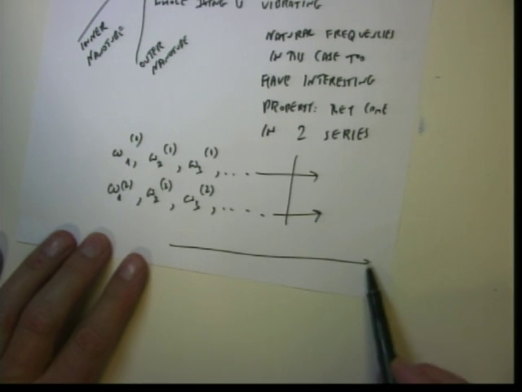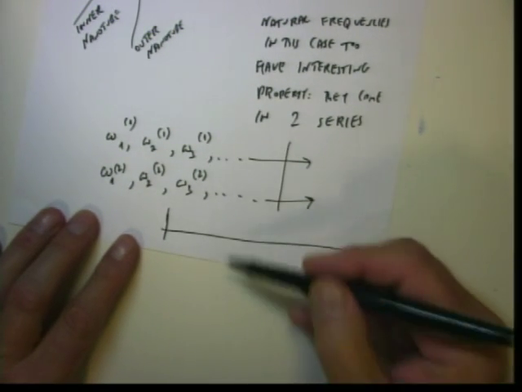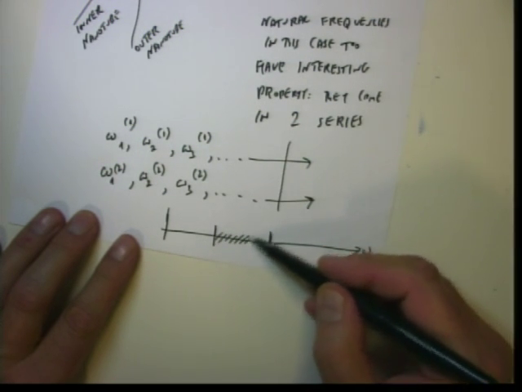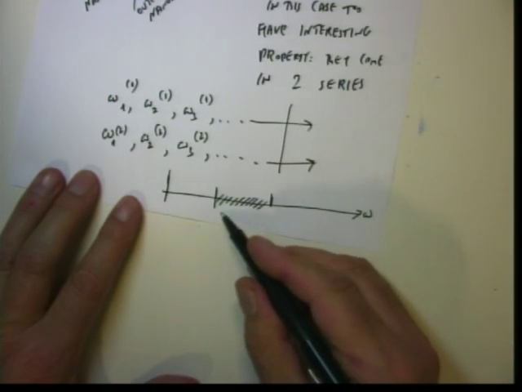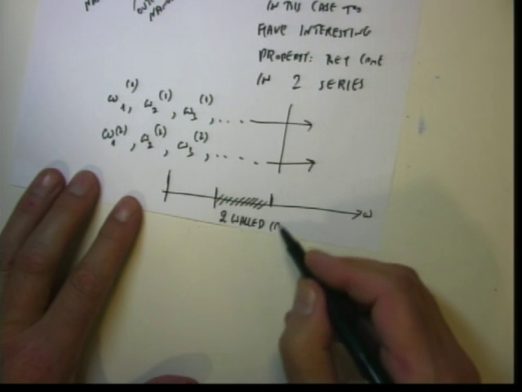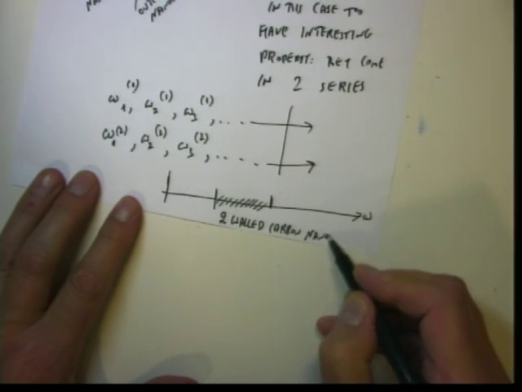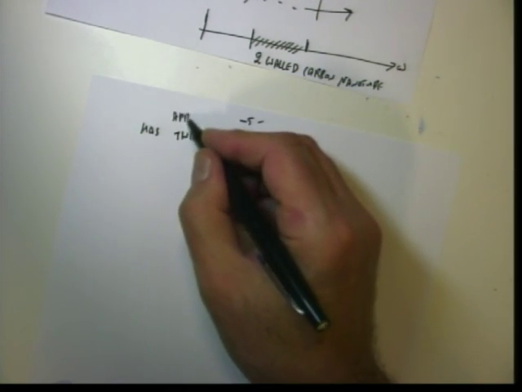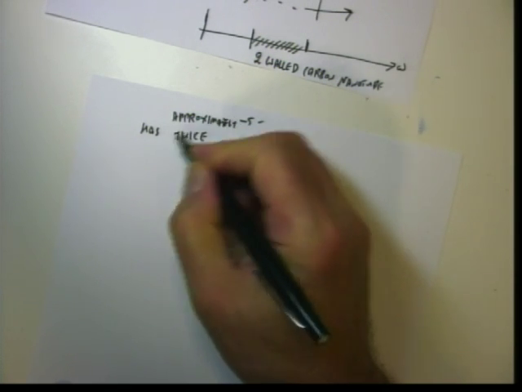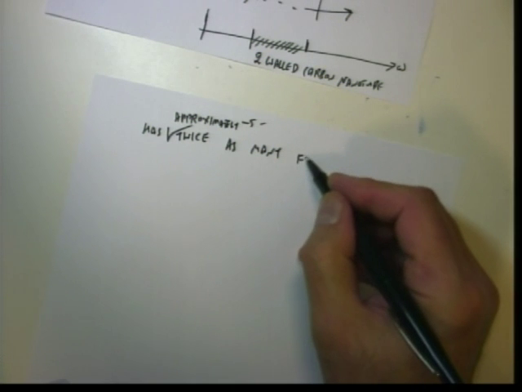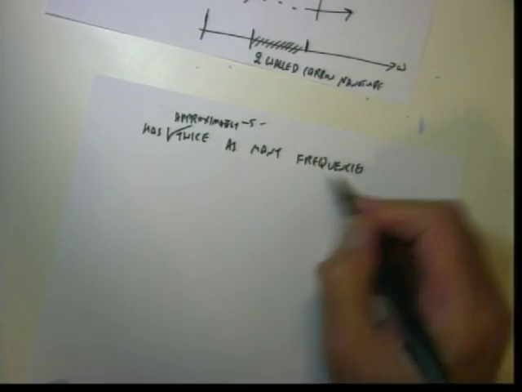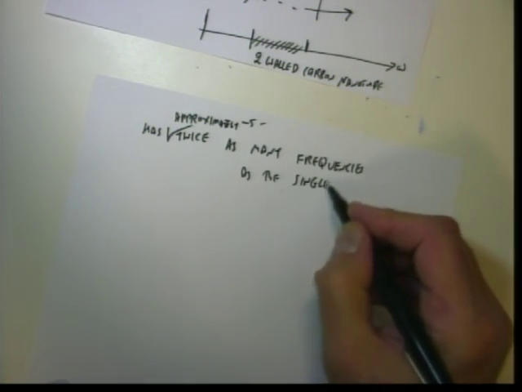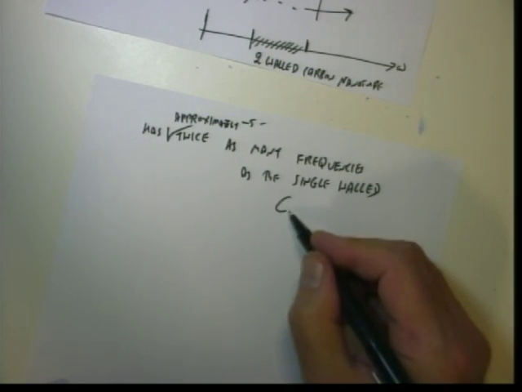That means that if I take the frequency domain, and I'm taking some large interval of frequencies, then a 2-wall carbon nanotube has twice, or approximately twice, as many frequencies as a single wall carbon nanotube.